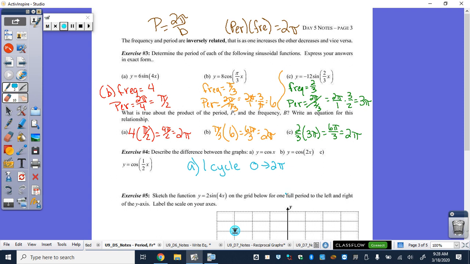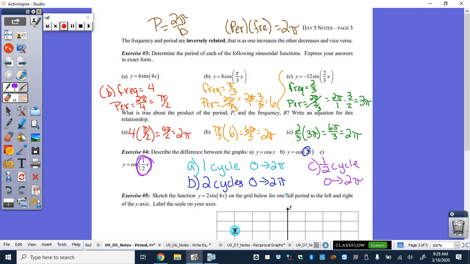Then b, because we have a frequency of 2, that means we have 2 cycles from 0 to 2 pi. You're going to get 2 cosine curves from 0 to 2 pi. So our last one, c, is 1/2 for our frequency. So that's going to be half a cycle, 0 to 2 pi. So those are going to be the differences.